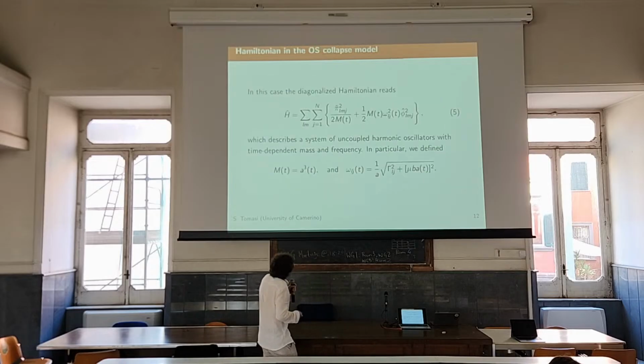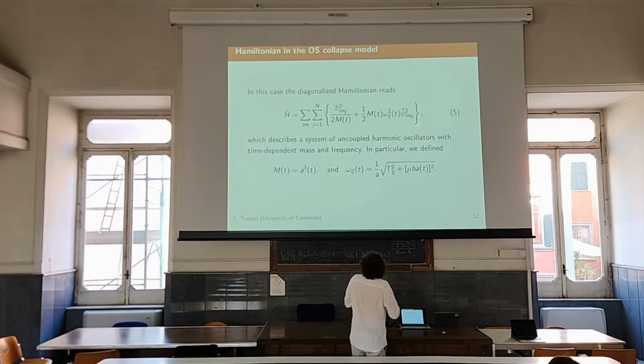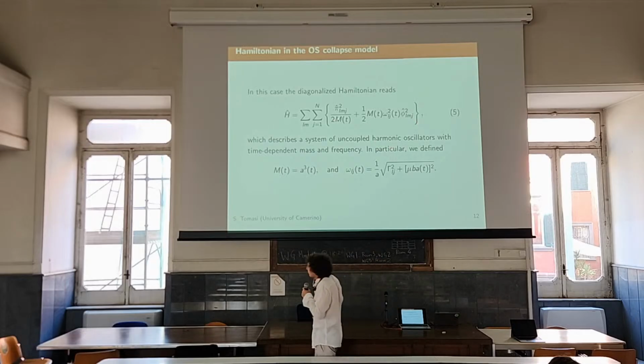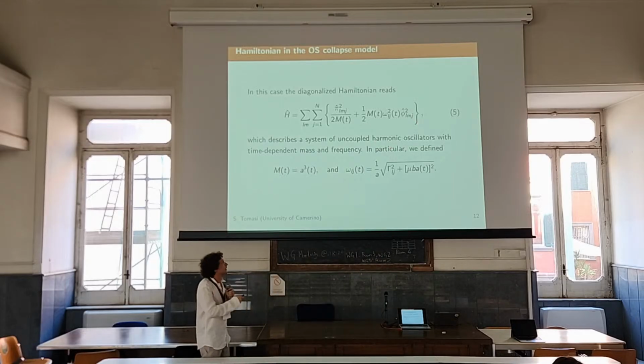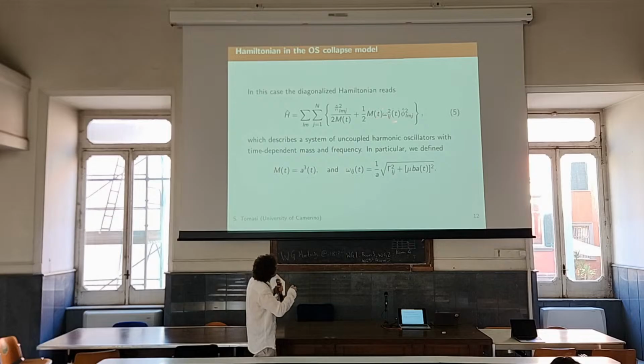In the other case, the final form of the discretized Hamiltonian is this one. You can see that now we have time-dependent coefficients. It is very similar to before, but now we have this time dependence, which complicates things a little bit.